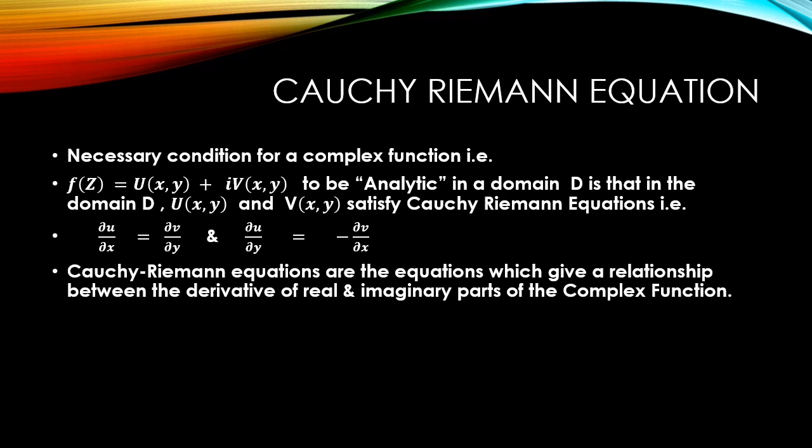The statement of the Cauchy-Riemann equation is this: curly u over curly x is equal to curly v over curly y, and curly u over curly y is equal to minus curly v over curly x. It means that if you differentiate one term, the other term is opposite to that.